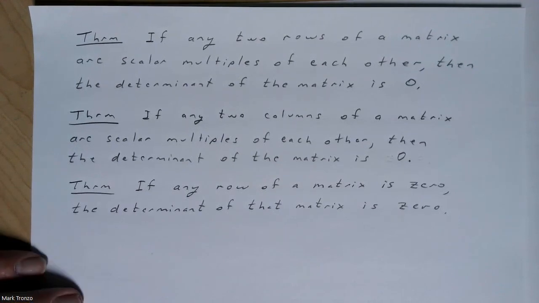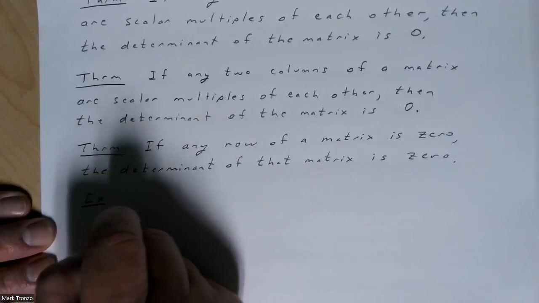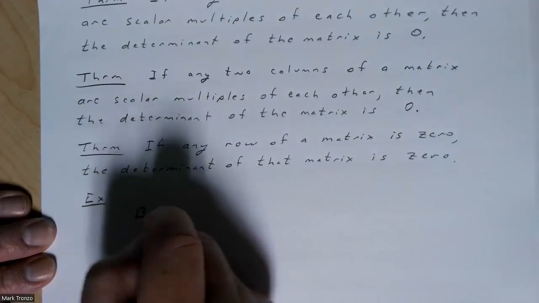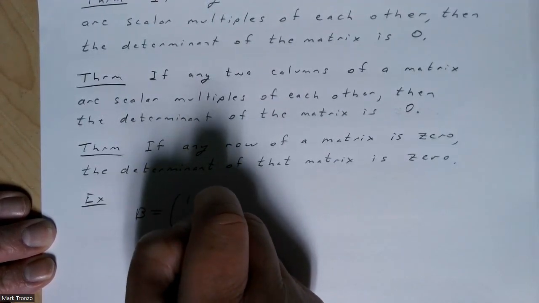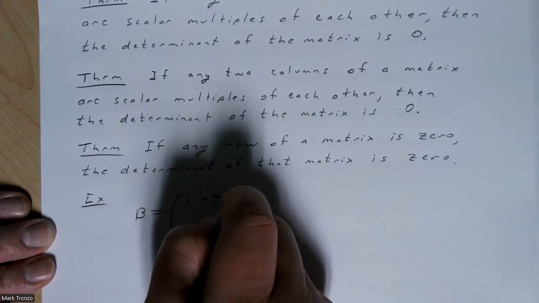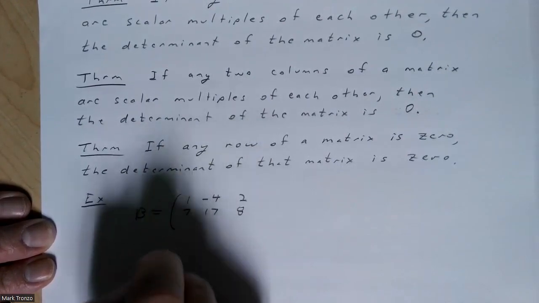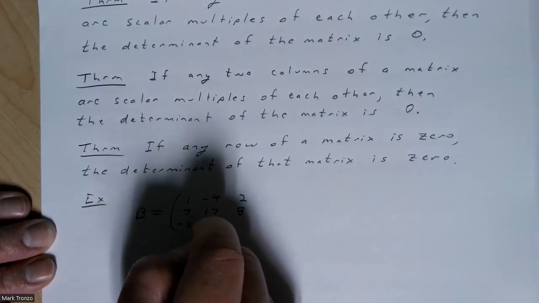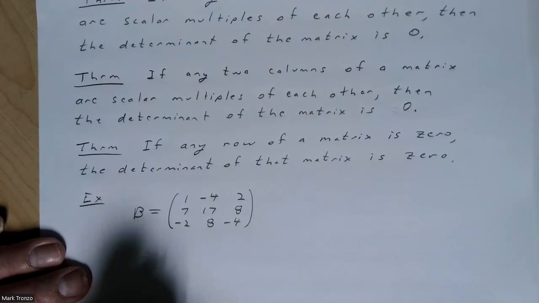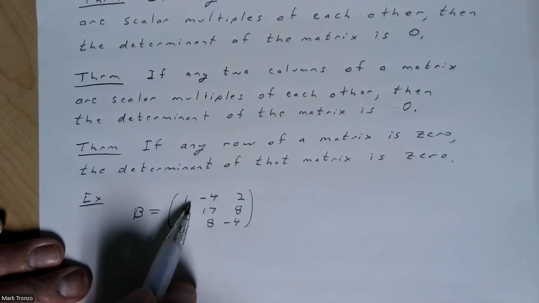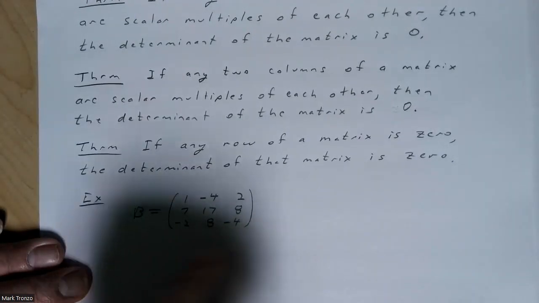So right away, you can look at a matrix. And so, for example, let's say if you have, let me call it B this time, 1, minus 4, 2, 7, 17, 8, minus 2, 8, minus 4. So notice row 1, if you take row 1 times minus 2, will give you row 3.